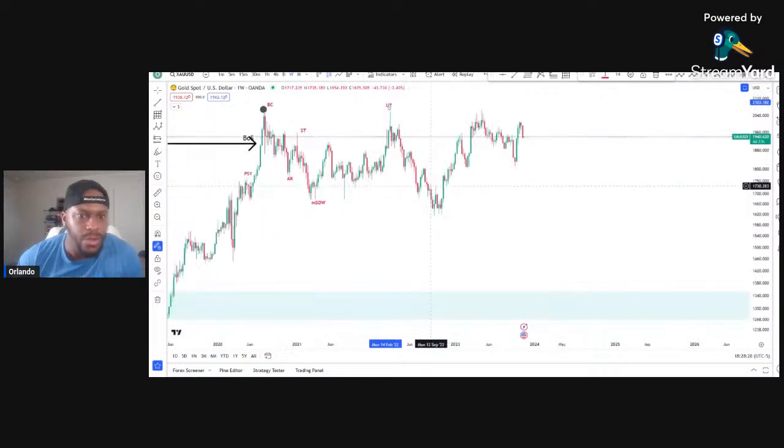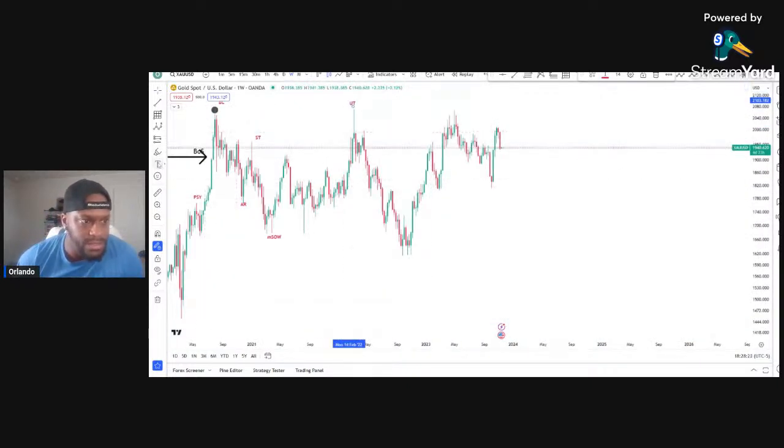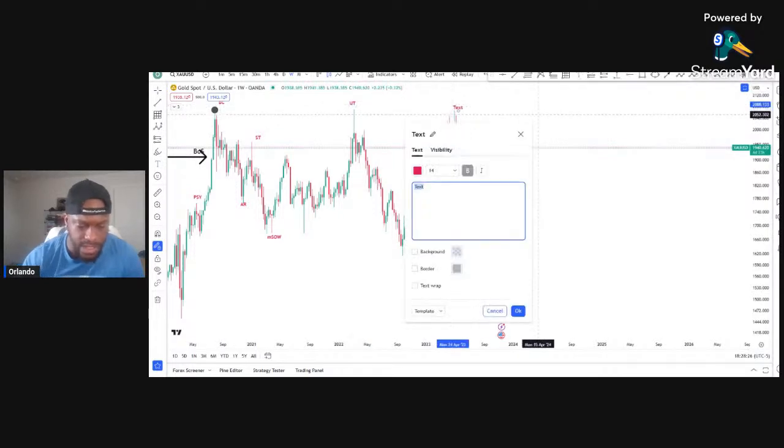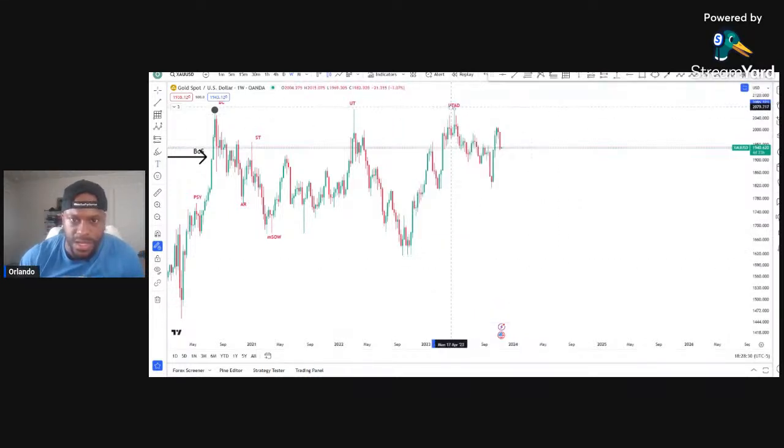So now what we have right here, UTAD test. This is the UTAD, the wick at green, and then this right here is the test.